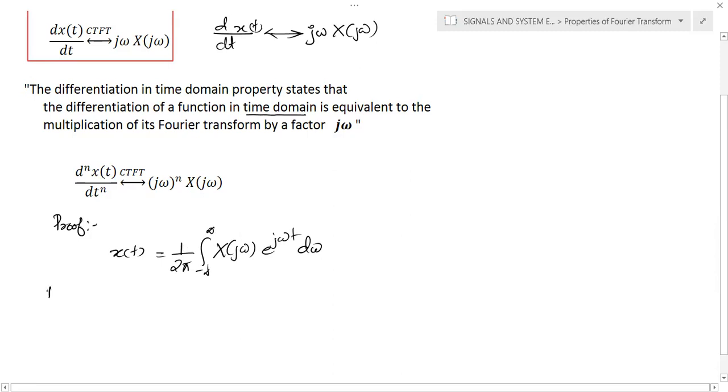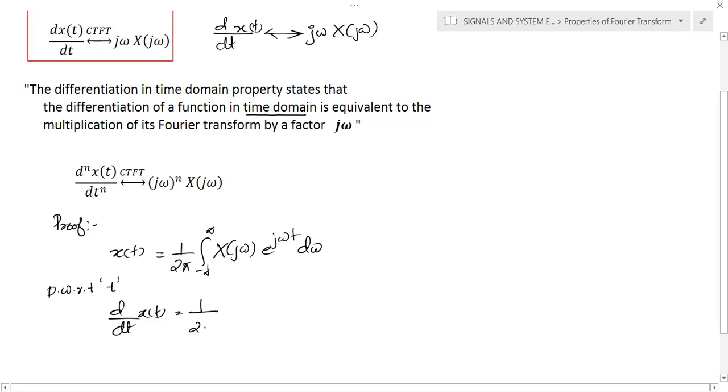So we can differentiate this particular equation with respect to t. So d by dt of x of t on the left hand side, and on the right hand side you can see that the variable of integration is omega here, but there is a term e raised to j omega t, it contains t.